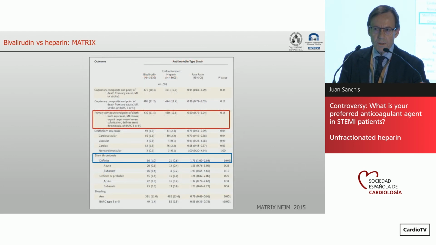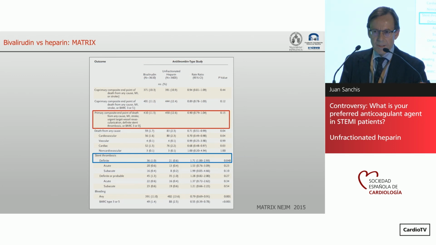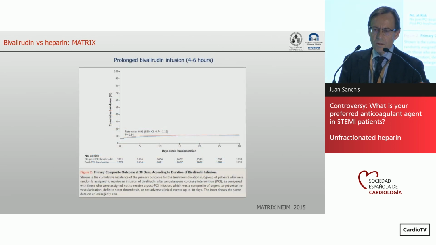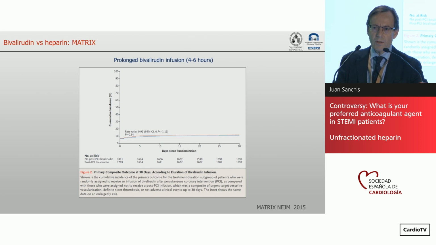The trial was neutral in the primary endpoint, combining ischemic and bleeding events. But again, in terms of stent thrombosis, the frequency was higher in the bivalirudin group, regardless of whether or not the infusion was prolonged at the end of the procedure.